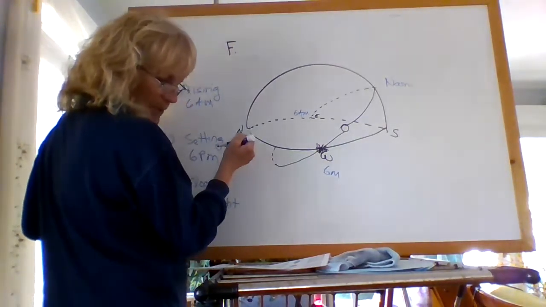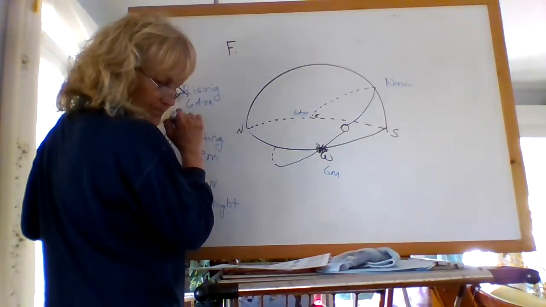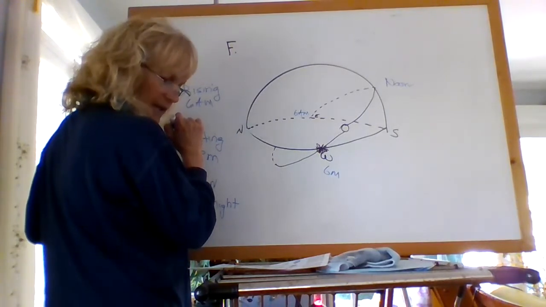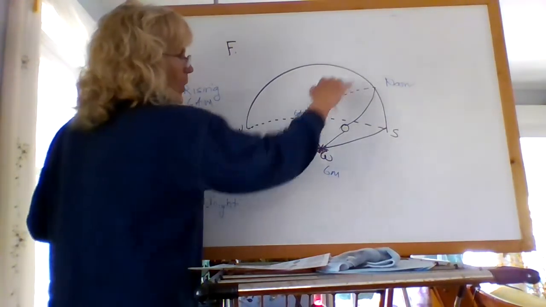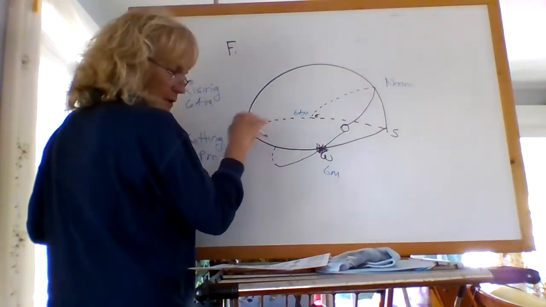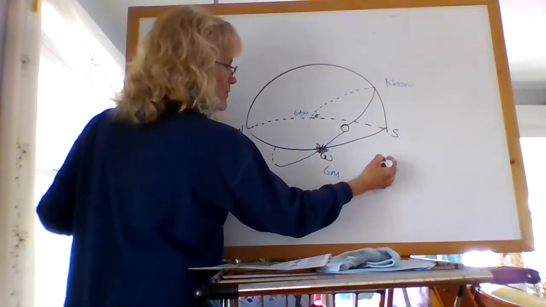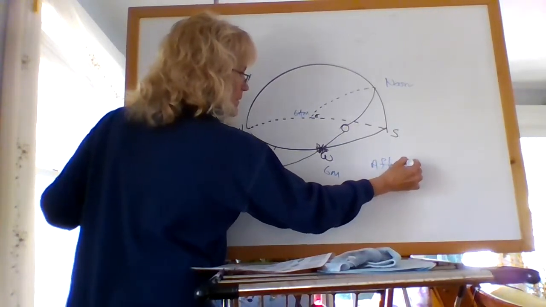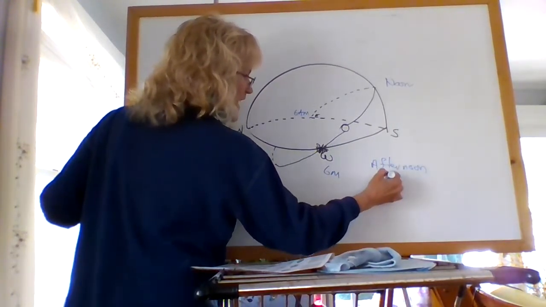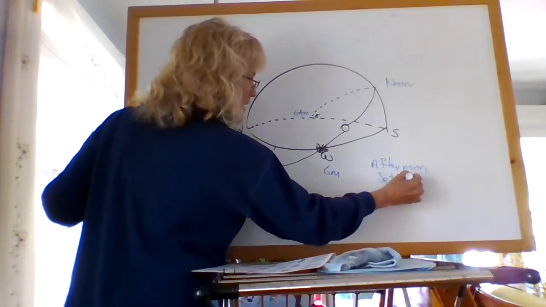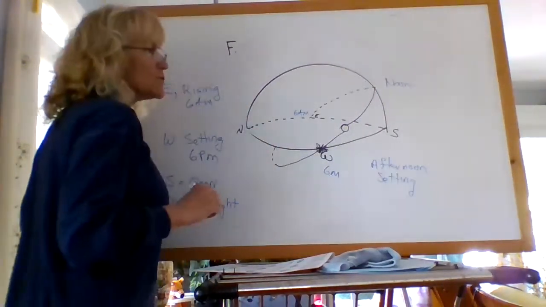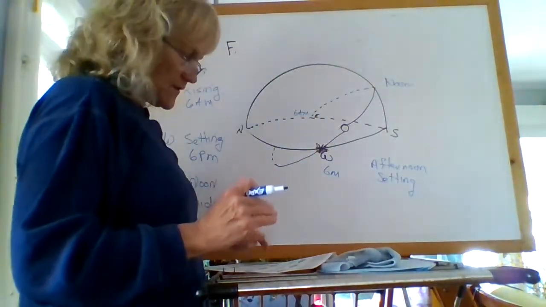Well, I'm going to go with, I think it's kind of setting, but only because it's past noon. So when I'm looking at the position, I could say either afternoon or I could say setting. And that's fine. I know that it's gone past the noontime position, so now the moon is setting.